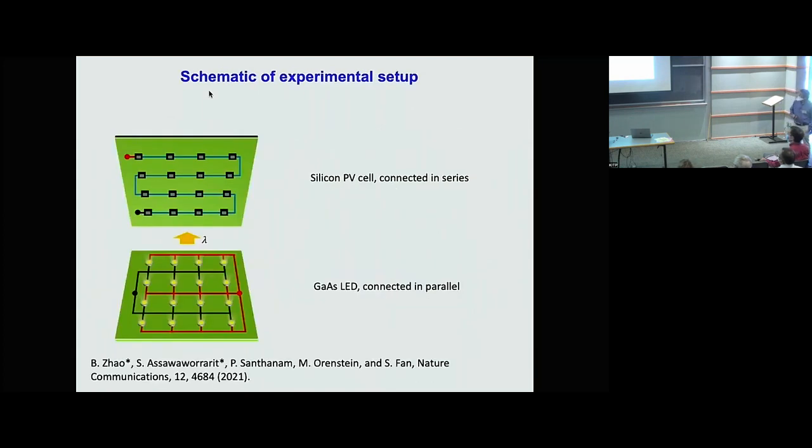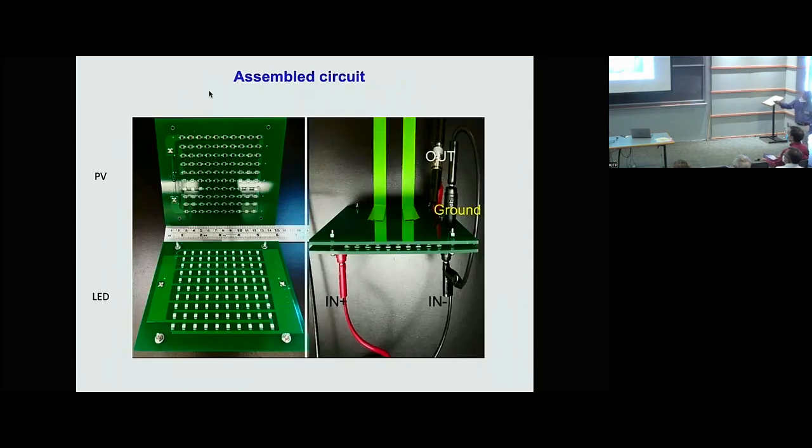In our experiment, we went and bought 100 gallium arsenide LEDs and connected them in parallel. And we also bought 100 silicon photovoltaic cells and connected them in series. So here is how the circuit looked. Here are the gallium arsenide LEDs, 100 of them. And then this is the silicon photovoltaic cells, again 100 of them.